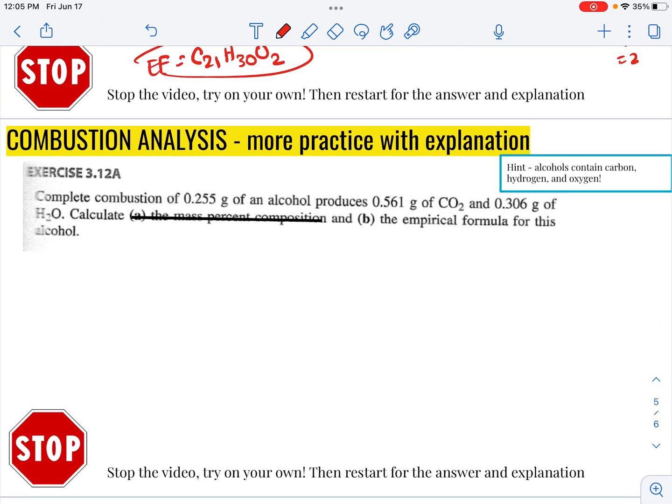So again, we have an alcohol, and I give you a hint that alcohols contain carbon, hydrogen, and oxygen. So I'm going to talk a little less and just put it on screen so you can watch what's happening. I'm first going to find the carbon from the carbon dioxide.